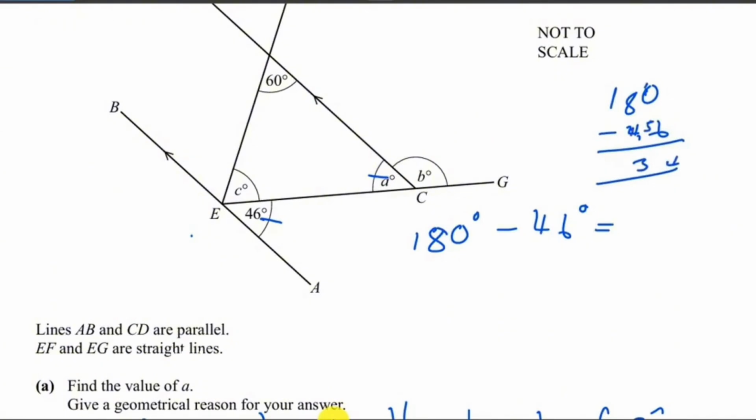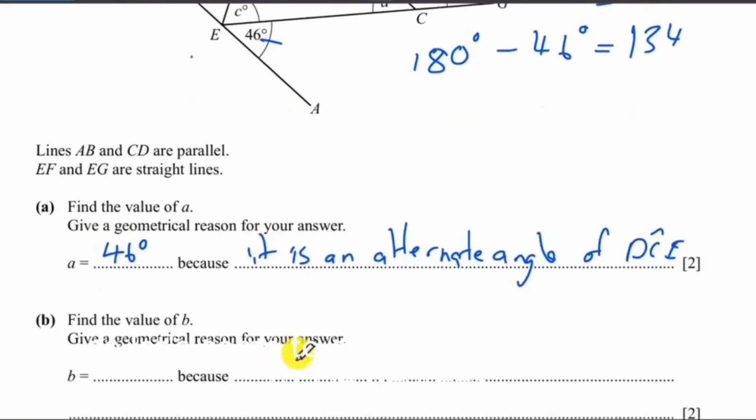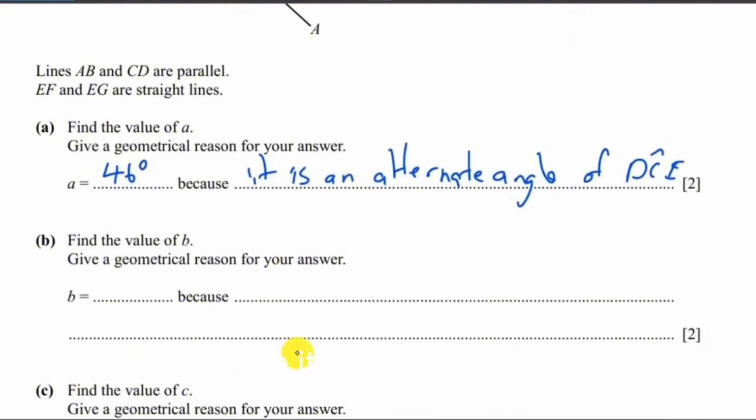So this is 134. So this angle is 134 degrees. So let's come to our answer. B is equal to 134 degrees because it is in a straight line with A. Or you can simply say angles in a straight line.